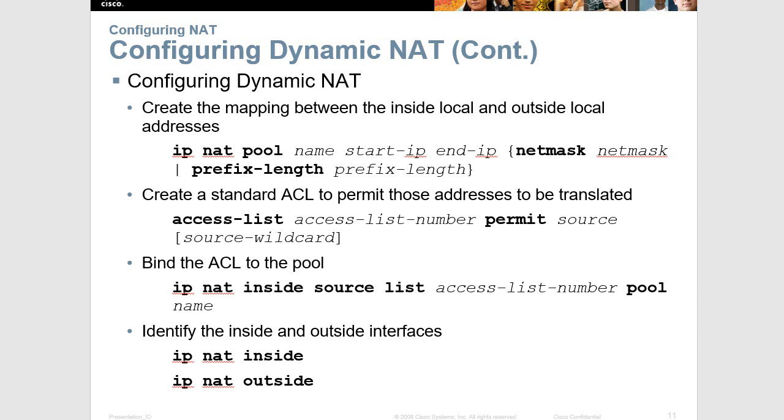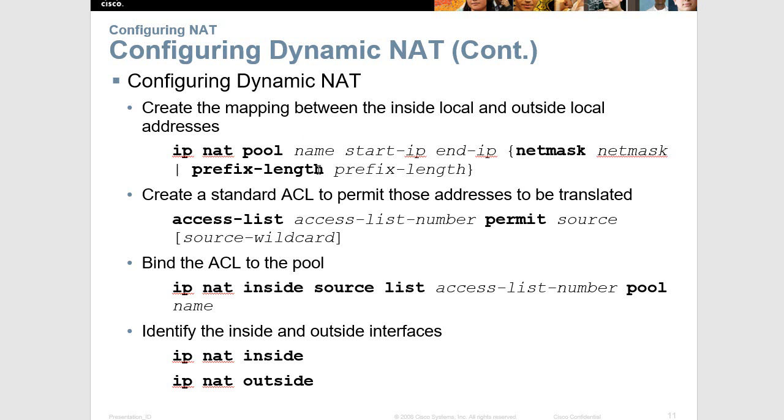Going on down, to configure this, maybe this doesn't look the greatest to you. What you've got here are the commands, but not written out in command line, which might be a bit easier for you to read. Essentially, we need to create an IP NAT pool.